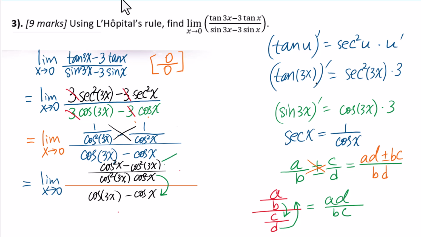Then for cosine squared x minus cosine squared 3x, we can factor. This is factoring: a squared minus b squared equals a plus b times a minus b.